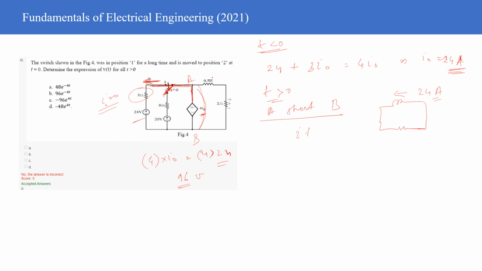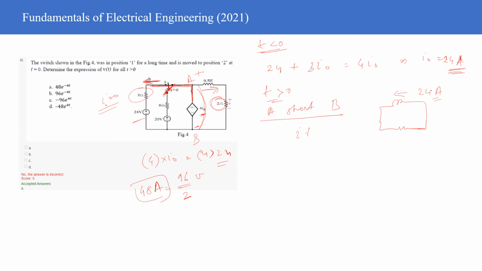Now we know that if the inductor is present in the circuit for a long time, it is going to behave as a short circuit. So the current flowing in this particular branch will be equal to 96 divided by 2. And since the potential is positive like this and this, the current must be flowing like this. So it will be equal to 96 divided by 2, that is equal to 48 ampere.